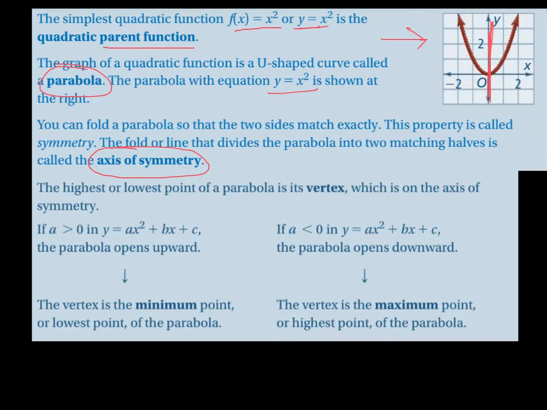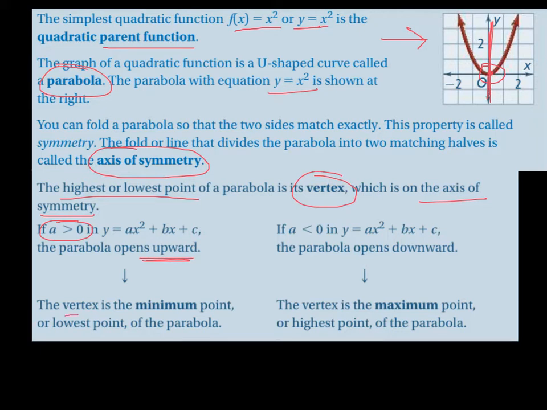When we talk about this low point down here, the bottom of the U, the highest or lowest point of the graph, if the graph is upside down, is what we call the vertex. And the vertex is always going to be on the axis of symmetry. So when we've got this standard form of a quadratic equation, ax squared plus bx plus c, if the a is greater than 0, if it's positive, then that means the graph is going to open upward.